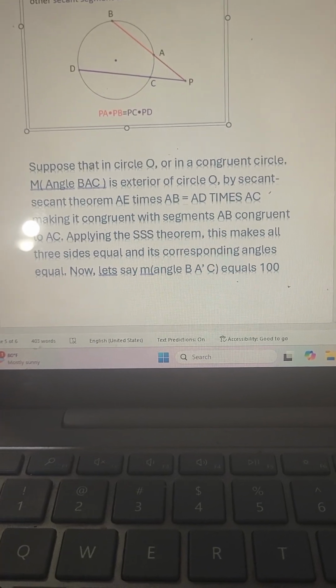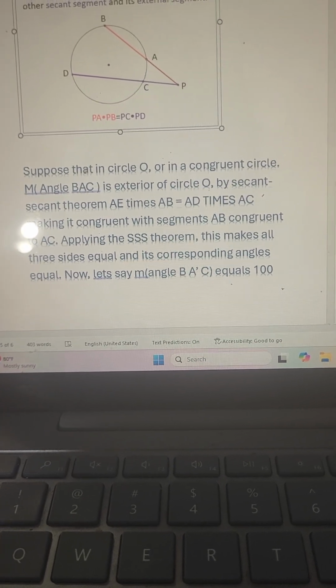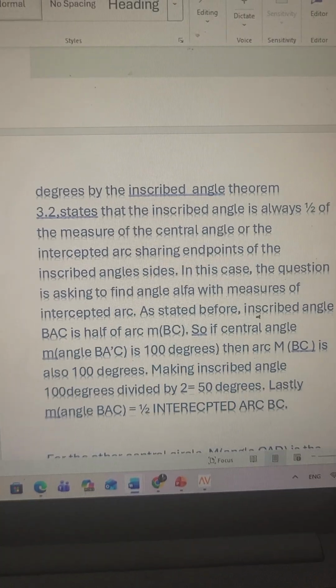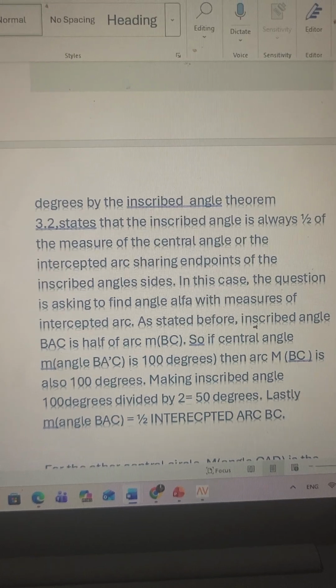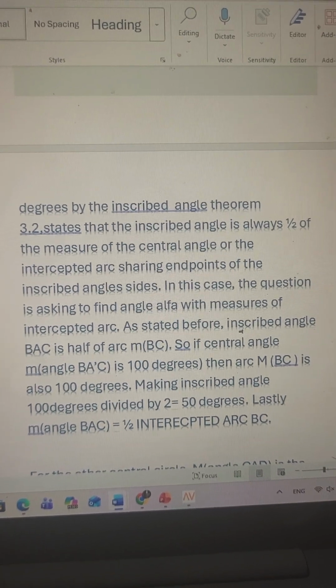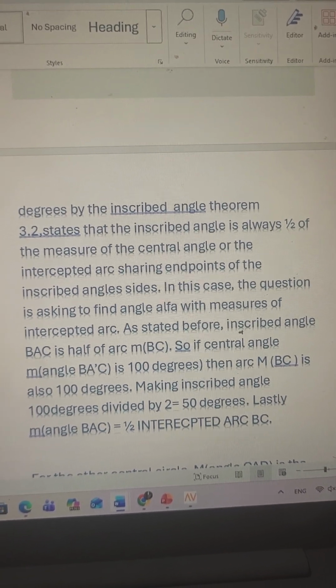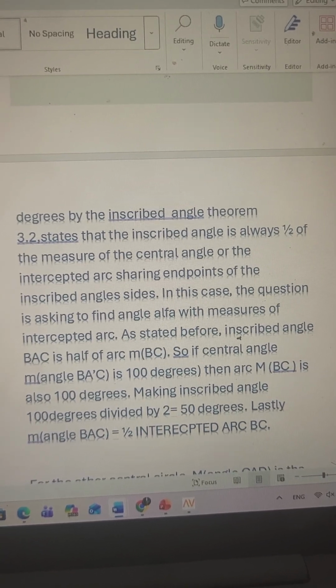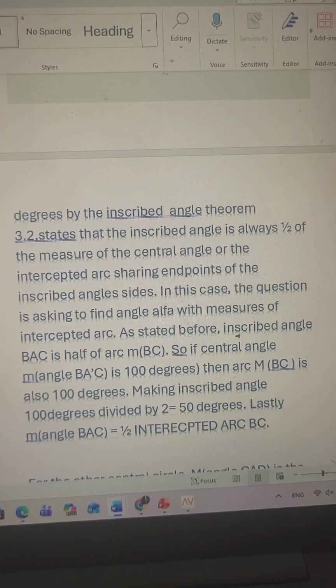Now let's say measure angle BA prime C equals 100 degrees. By the inscribed angle theorem 3.2, an inscribed angle is always 1/2 of the measure of the central angle or the intercepted arc sharing endpoints of the inscribed angle sides.